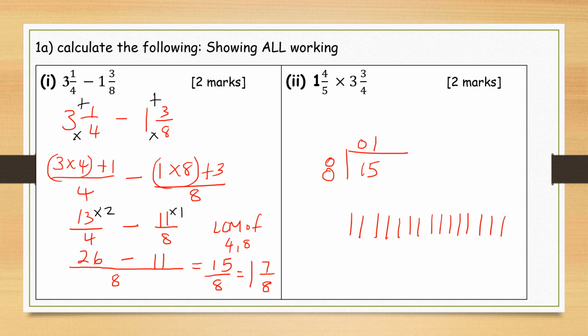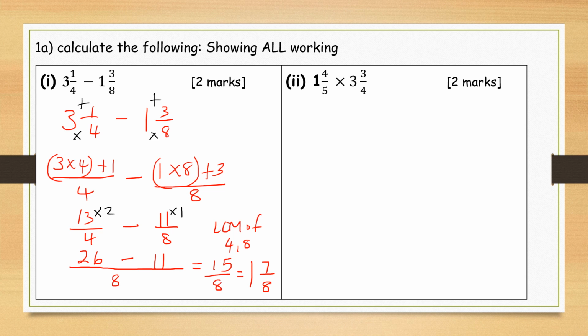So I'm going to take out 8. 1, 2, 3, 4, 5, 6, 7, 8. So that's 1, 8. And I'm left with 1, 2, 3, 4, 5, 6, 7. Remainder 7. Hence, the whole number 1, and the remainder is 7, over the original denominator.